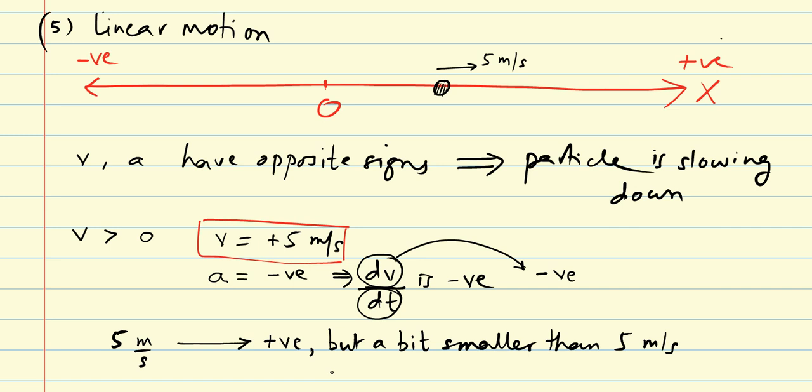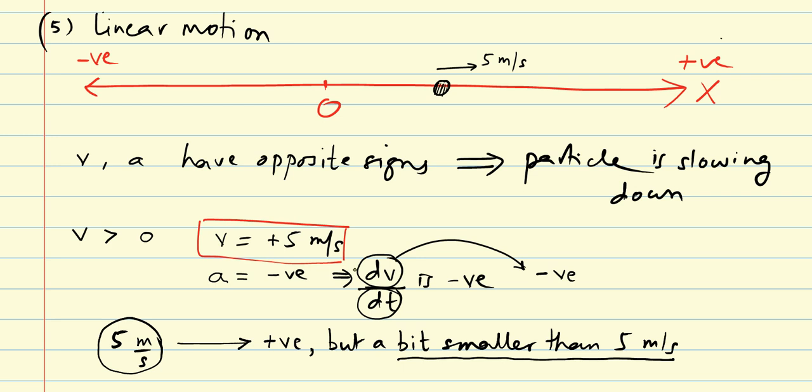And this change, of course, happens in a time dt. So in this time dt, we can see that the speed of the particle was first 5 meters per second, and now it's going to be a bit smaller than 5 meters per second. So naturally that means that the particle is slowing down.